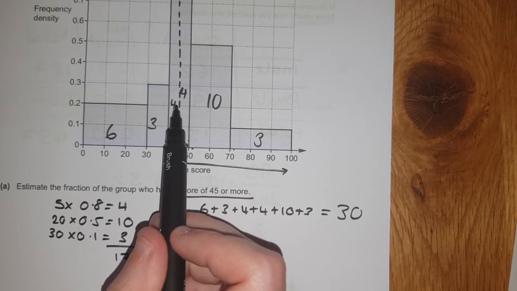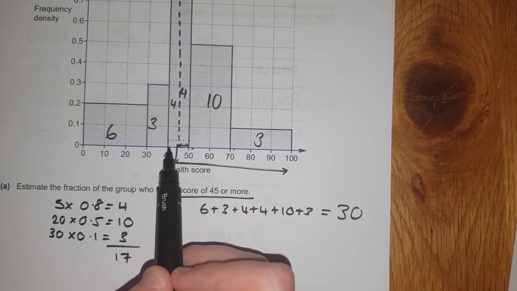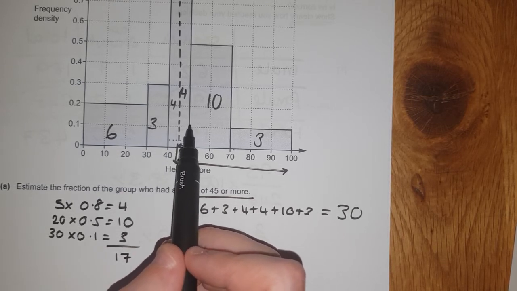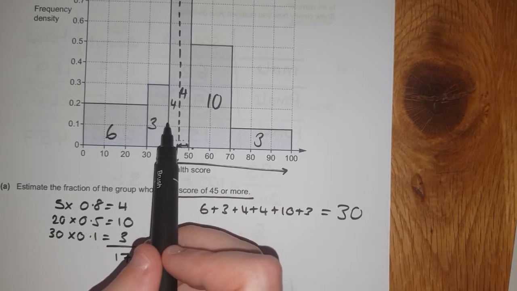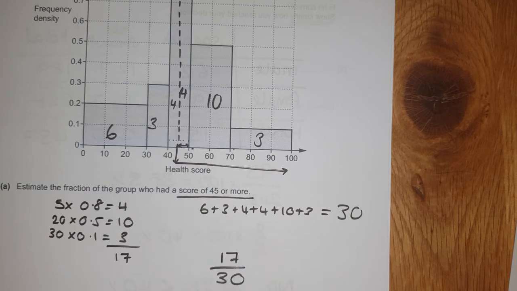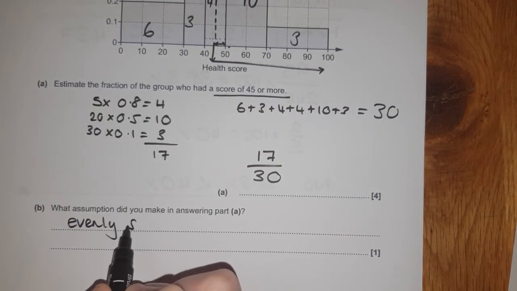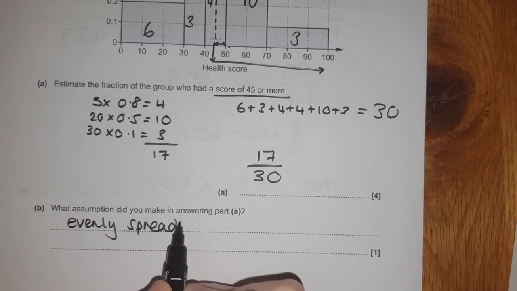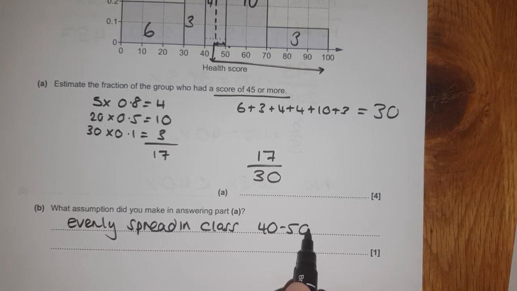In reality, all 8 could actually fall between 49 and 50, or even between 40 and 41. They could be spread out with 7 on this side and 1 on this side. We don't know that exact detail, we've just assumed they are evenly spread. So your assumption is that they are evenly spread in the class 40 to 50, since that's the class that we cut in half.